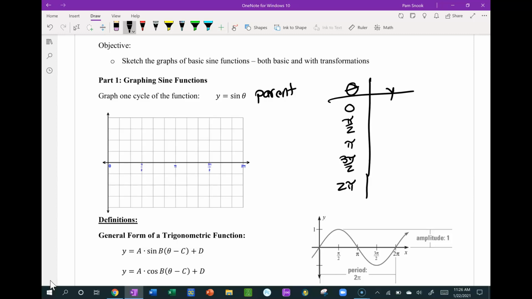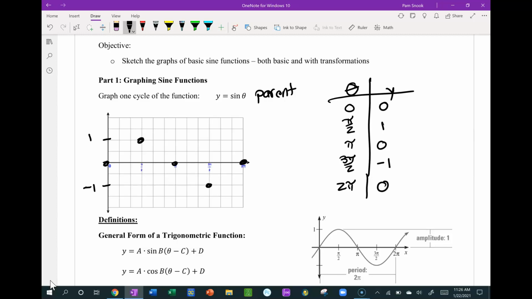If you look on the tables in your book, the values at these points are 0, 1, 0, -1, and 0. So if I go to sketch this graph, I'm going to put 1 here, and -1 here. I'm going to have a point here, here, here, here, and here.